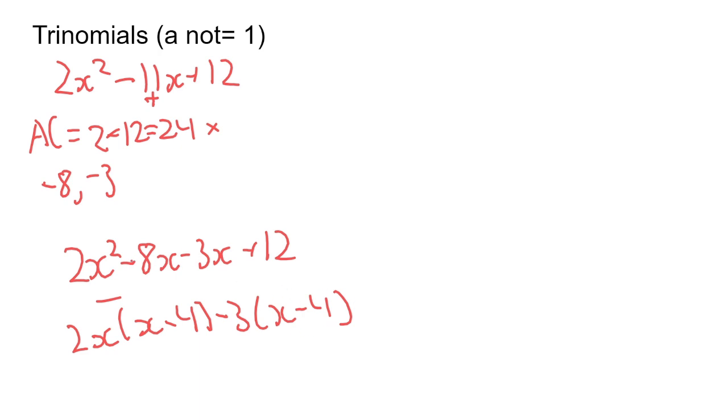Sometimes you have to switch the order, maybe you have to do minus 3 here and then minus 8 here. But in this case, I did it correctly, and you get x minus 4 here and x minus 4 here. Now you can just put the numbers in front in a bracket, 2x minus 3, and then this term in a bracket, x minus 4. And that will give you the fully factorized form of the trinomial.